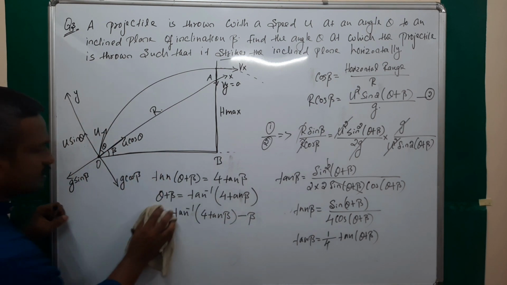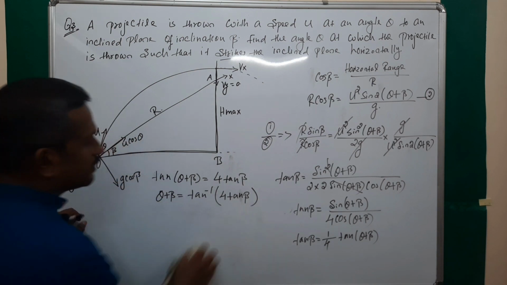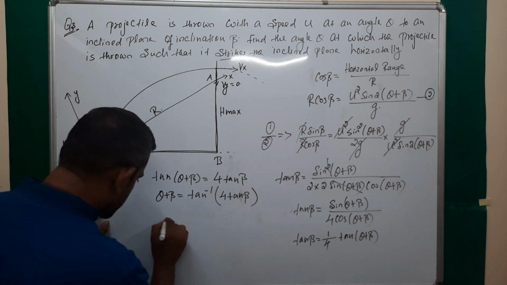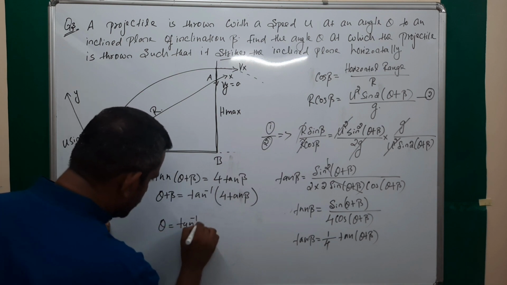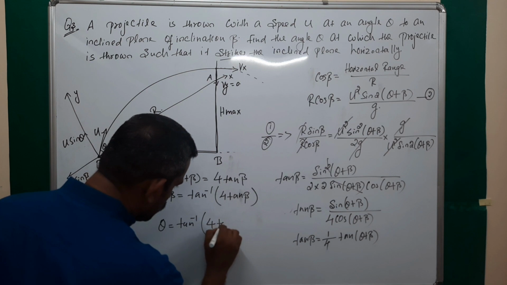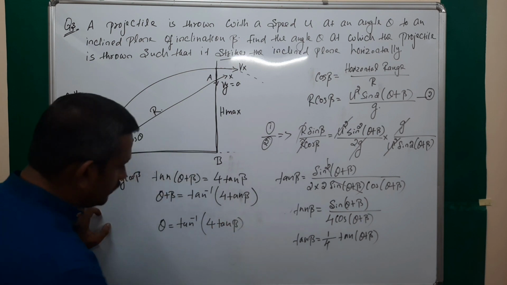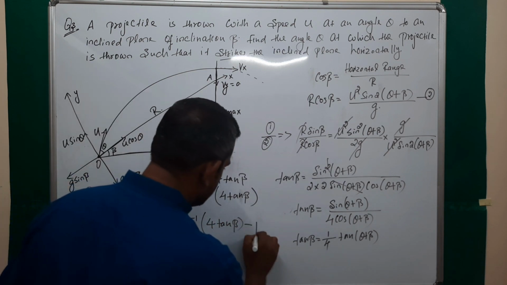So I'm rewriting this: theta is equal to tan inverse of 4 tan beta minus beta.